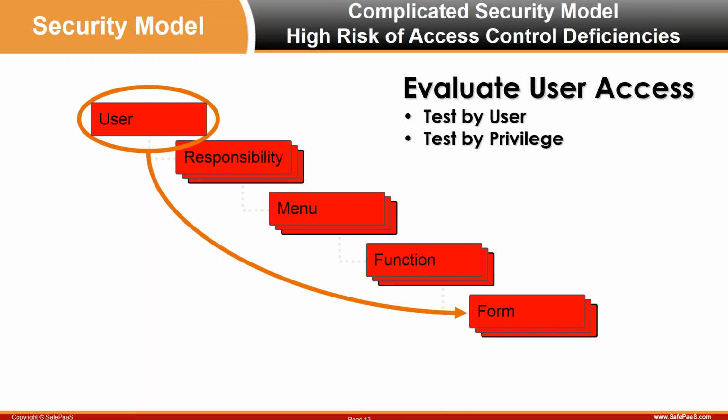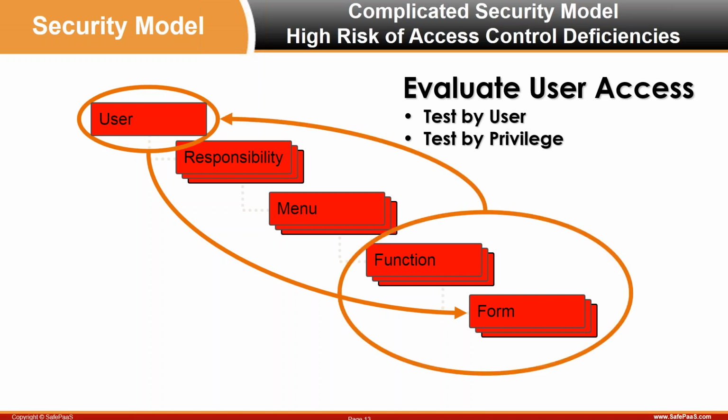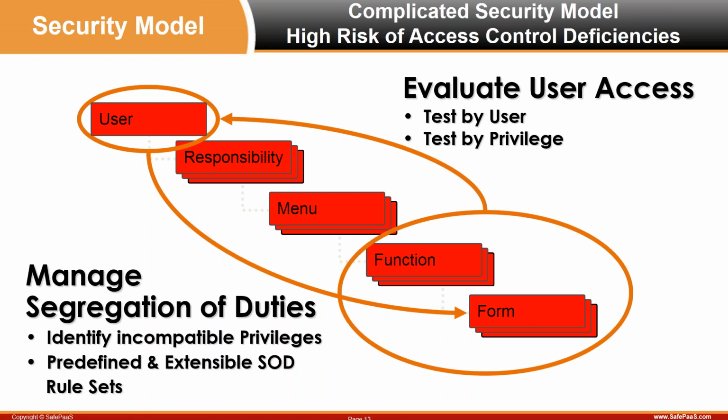For example, if a user has access to the supplier page and also the payment page, you can create a supplier that may not be approved by the company and then pay that supplier through your bank account, which creates a significant risk in the procure to pay process. We call those incompatible privileges that lead to segregation of duties.